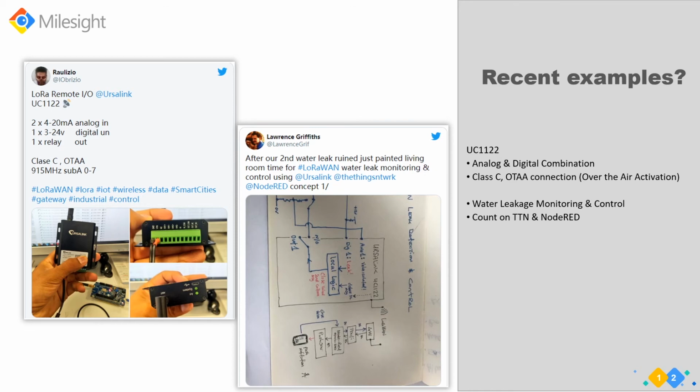The customer DIY'd a water leakage sensor or detector based on Raspberry Pi and connected it with our UC1122, and finally forwards data to his TTN network and to his own remote monitoring center.